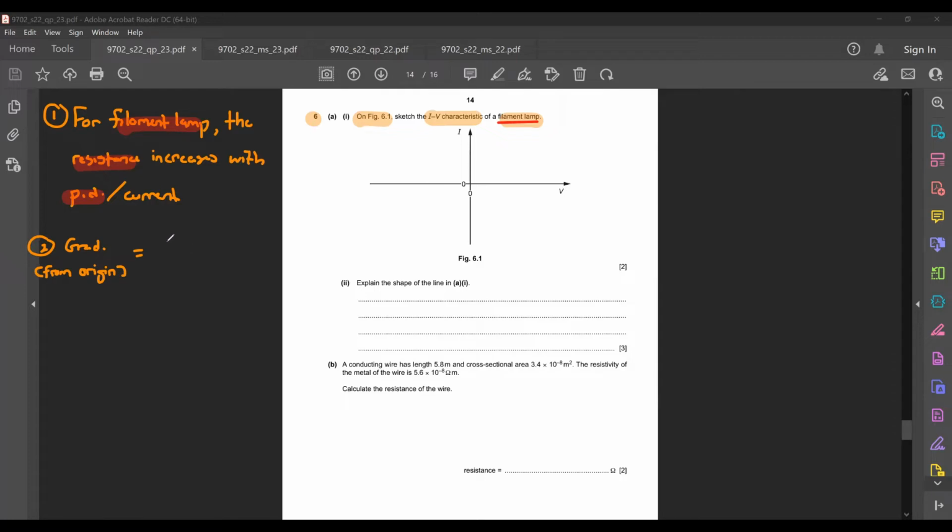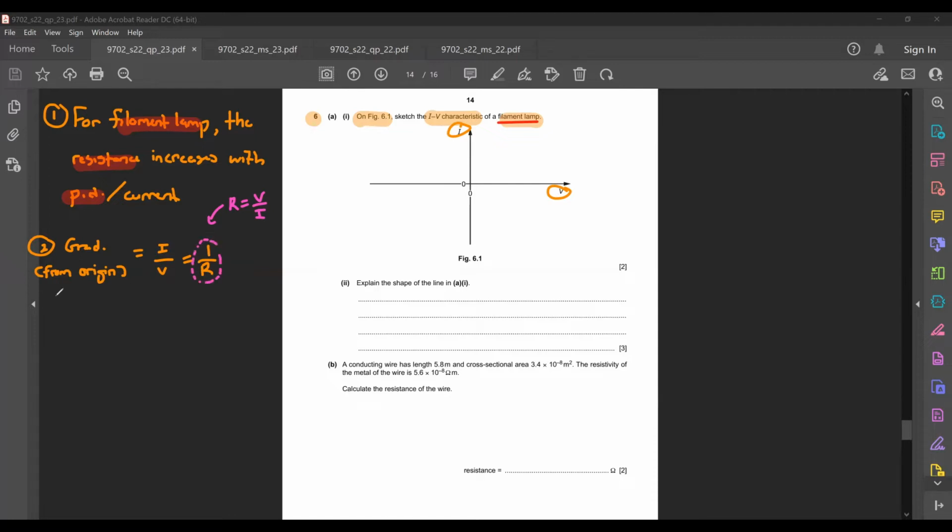So gradient from origin over here is I over V, which is actually the inverse of your resistance, since resistance in the first place is the ratio of V over I. So I over V is going to be 1 over R.